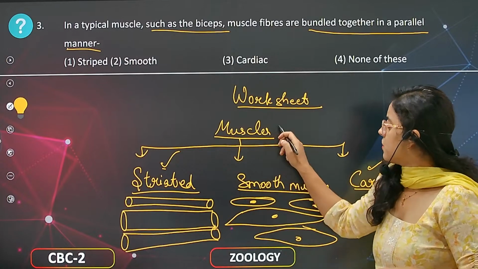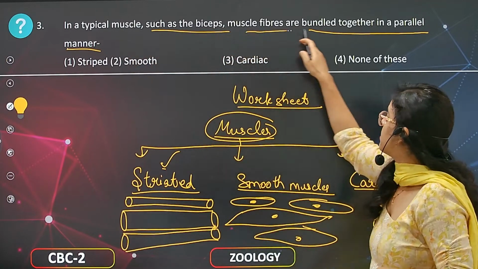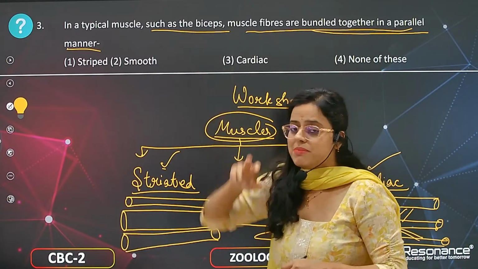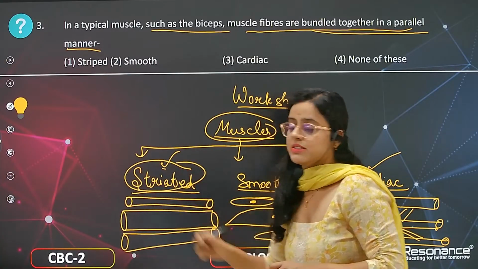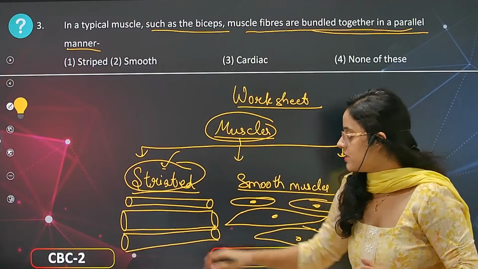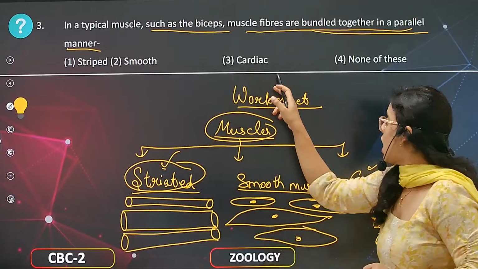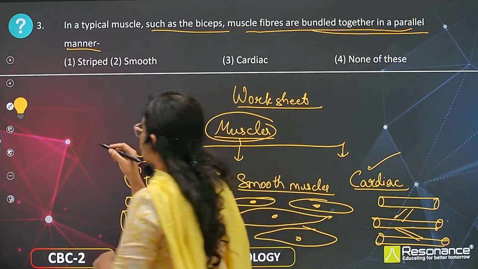So in typical muscles such as the bicep, muscle fibers are together parallel to each other. The bicep muscles are skeletal muscles, categorized under striated muscles, and striated muscles are always arranged in a parallel manner. The options are striped, smooth, cardiac, and none of these. So the answer is going to be striated or striped.